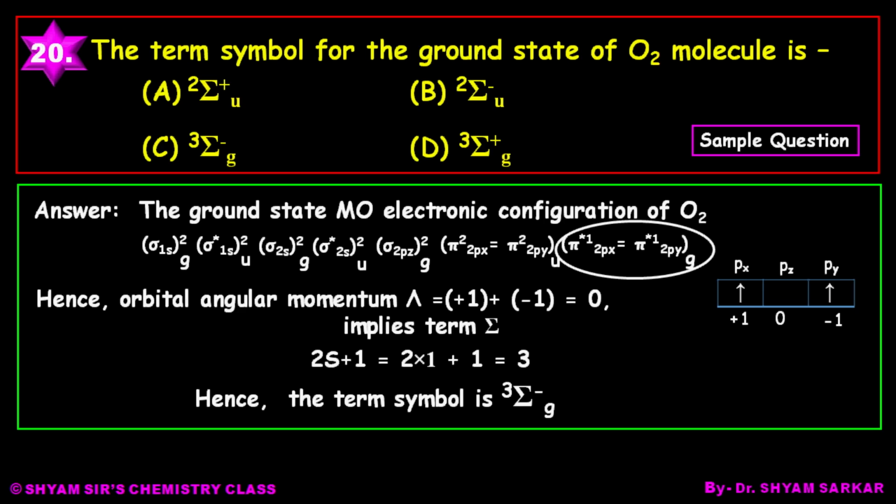So 3 sigma minus g. G, I have already given the gerade symmetry. And why the minus sign? The minus sign comes because the electrons are in the unfilled pi orbitals. That's why the minus sign is used. So 3 sigma minus g is the correct answer. So option C is the correct answer here.